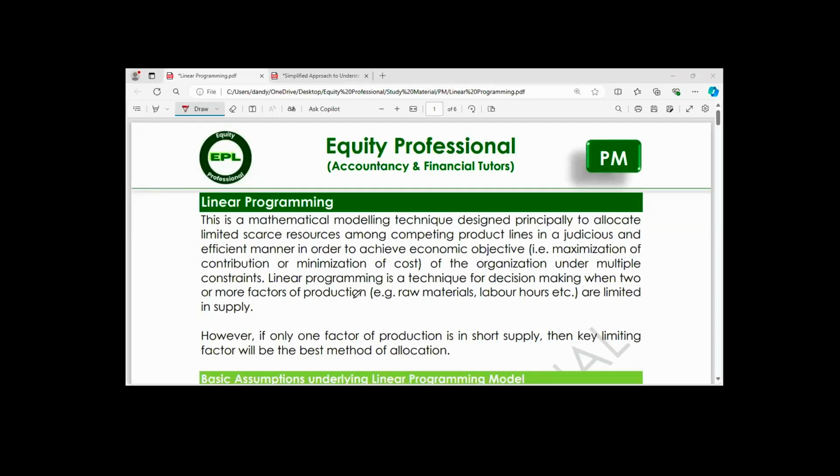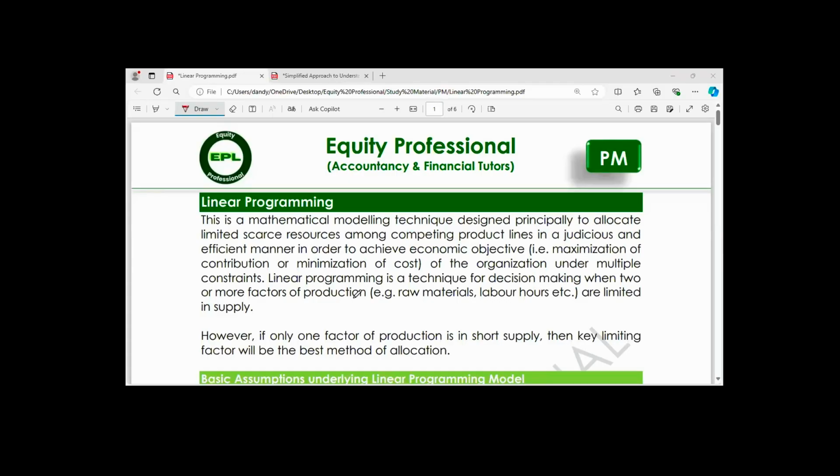You must know how many kilograms of material is needed, how many labor hours, how much machine time the company will use to be able to produce the final product. So that is what certainty is all about.